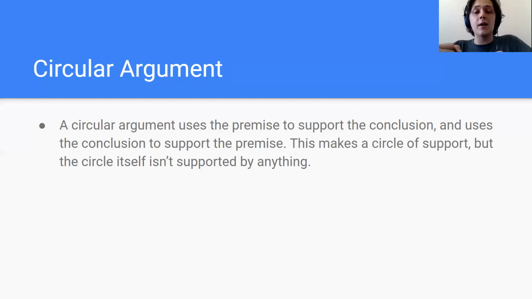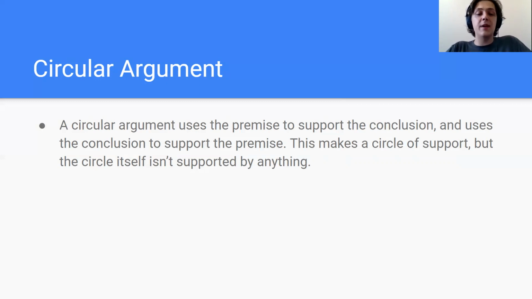One reason we want persuasive arguments is to avoid circular arguments, to avoid the circular argument fallacy, or the question begging fallacy, which is a very closely related fallacy.